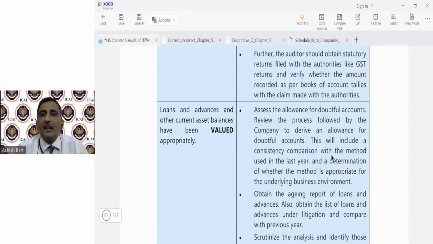Now, what to see about the valuation assertion? That the loans and advances have been valued properly.